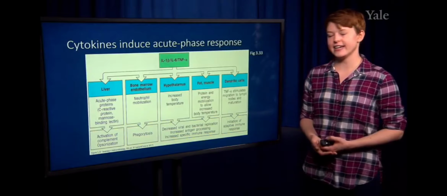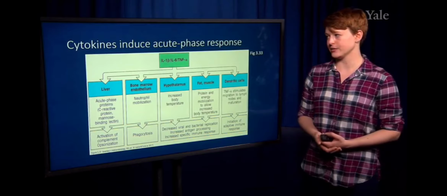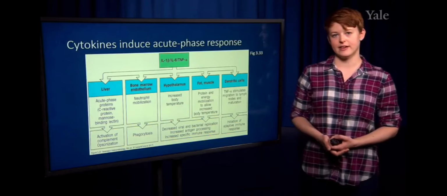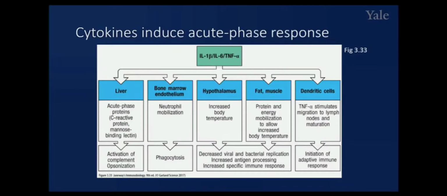So cytokines are very important for this acute phase response. We mentioned a few earlier when talking about the cytokines released by macrophages. These are a few other examples. So here we have our canonical inflammatory cytokines, IL-1 beta, IL-6, and TNF-alpha.